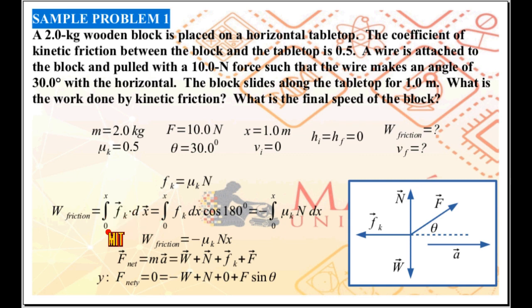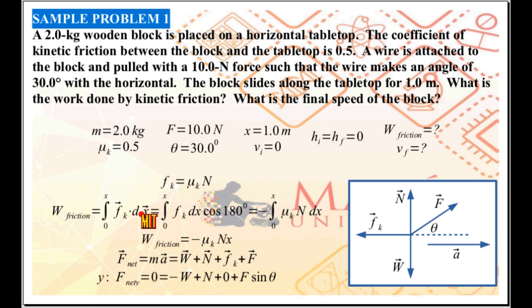And we integrate from initial case to final case, so from initial x to final x, from 0 to x is equal to 1 meter. Dot product: Fk magnitude, dx magnitude, times the cosine of the angle between Fk and dx.